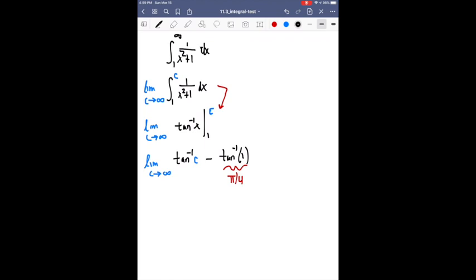And the limit as c goes to infinity of arctangent of c actually comes out to pi over 2. So all in all, this entire integral just becomes the difference between pi over 2 and pi over 4, which itself is equal to pi over 4.